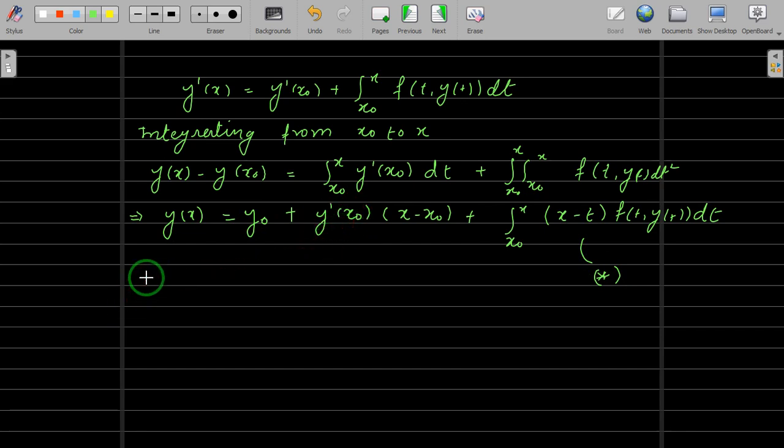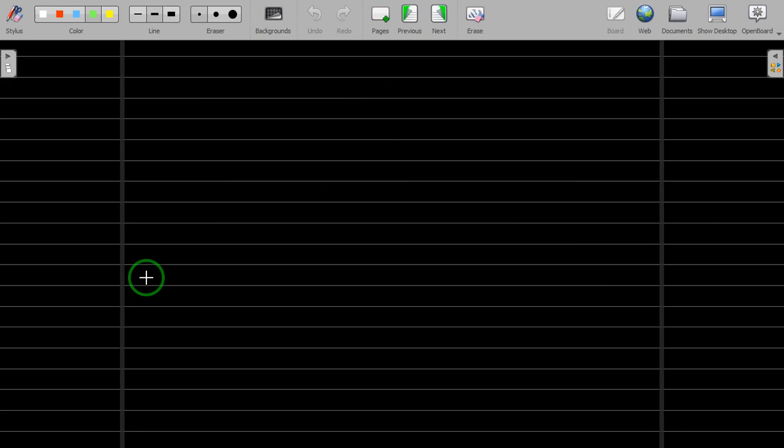So to find y dash at x naught, let me go on the next page. Just put x equals x1.